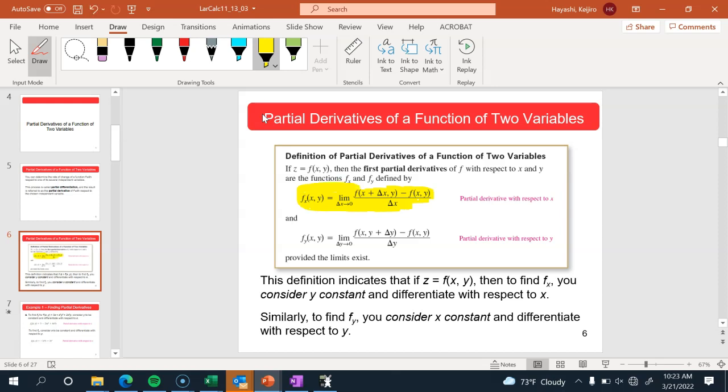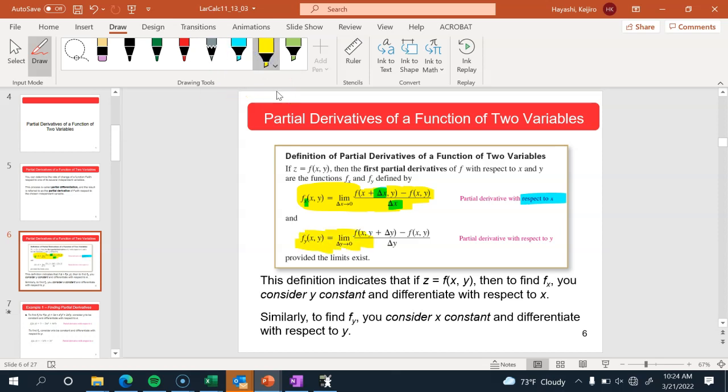What this is basically saying is that f sub x, with this little x here, is the derivative with respect to x. So y is not changing, but x is changing by a little bit, and you're measuring the difference in the function based on that little change in x. So you're taking the derivative with respect to x.